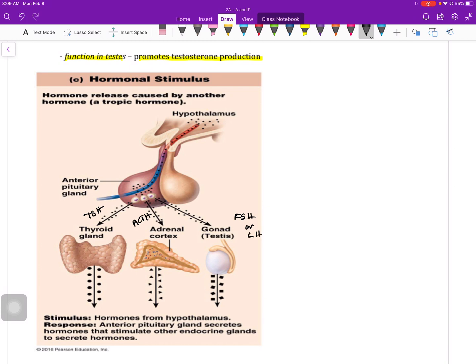All right? So the hypothalamus controls the pituitary gland. In this case, there are 4 trophic hormones that target another gland and tell them to release their hormones. Okay? So you have that cascading effect there.